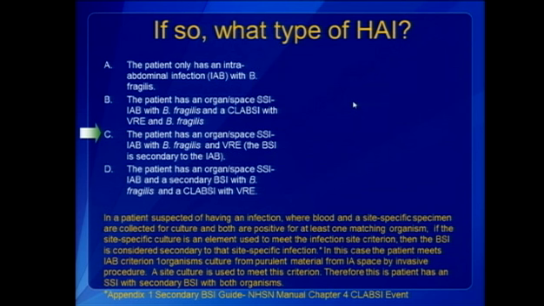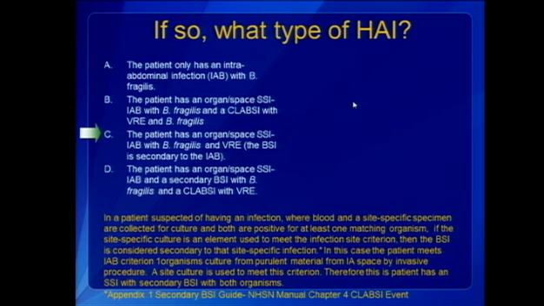We have both cultures with B. fragilis, although the blood culture also has VRE in it. If the site-specific culture is an element used to meet the infection site criterion, then the BSI is considered secondary to that site-specific infection. So specifically in this case, it's saying that if the culture from the purulent fluid is used to meet the IAB criteria, then we're going to identify the BSI as secondary. And in this case, that's exactly the case.